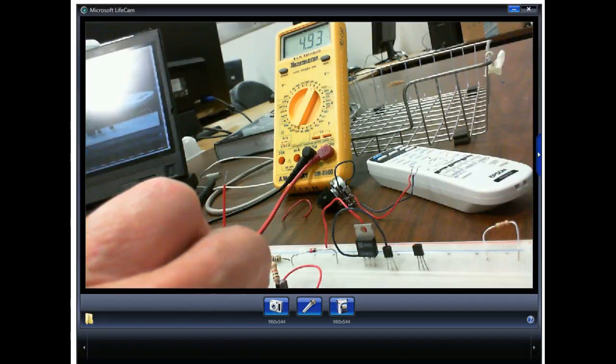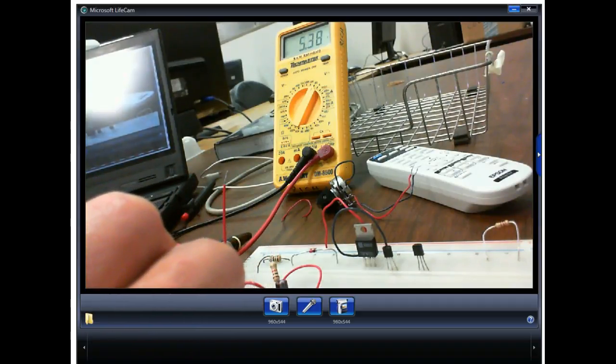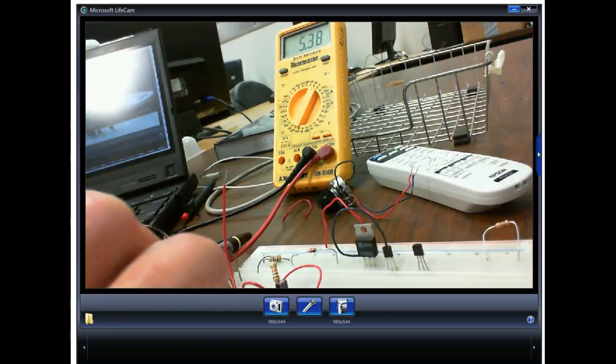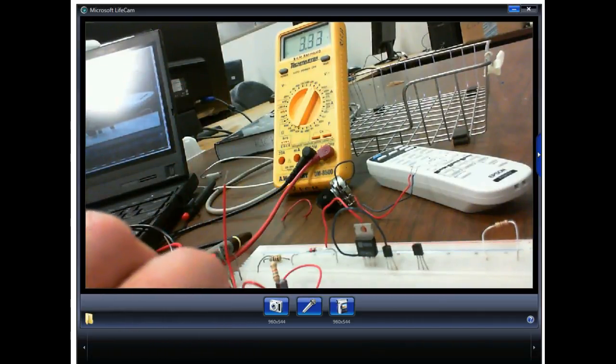VE, excuse me, what was VE supposed to be? 4.1. And what was VB supposed to be? Yeah, VB is supposed to be 4.8, so it went up.